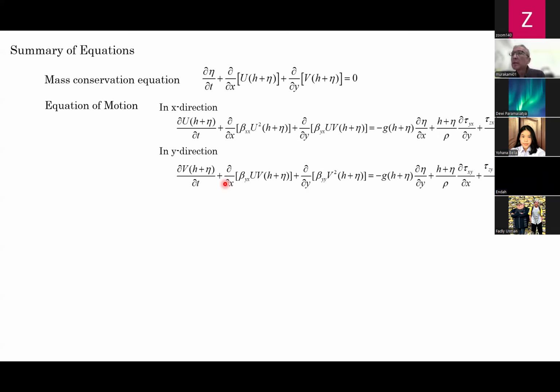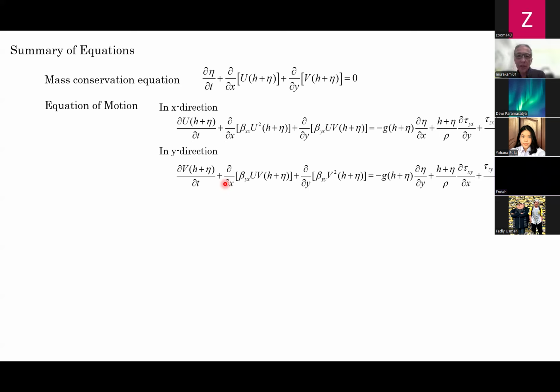Capital U and V are the horizontal flow velocities, and eta represents the amount of change in the water surface as the tsunami propagates.